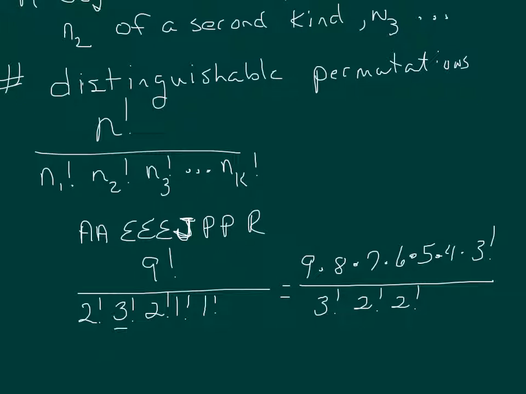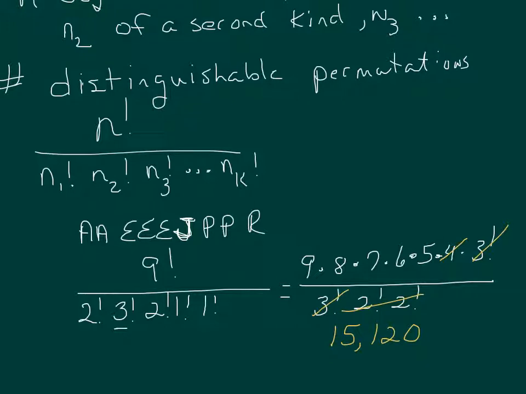So that cancels with that one. I could keep going, 3 times 2 times 1, but that is going to cancel out. Now, what is 2 factorial times 2 factorial? 4. So that cancels with this. And we have 9 times 8 times 7 times 6 times 5, which should be 15,120.